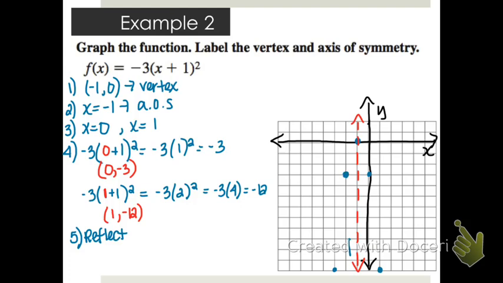So my new reflected point is right there. And then I just need to draw my lines to connect my graph. So yeah, I know that this drawing isn't picture perfect, but you guys get the idea. So I have my vertex, I have my axis of symmetry, and I have my graph. So we're done with this.